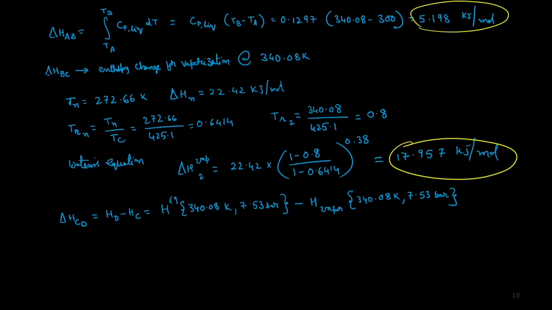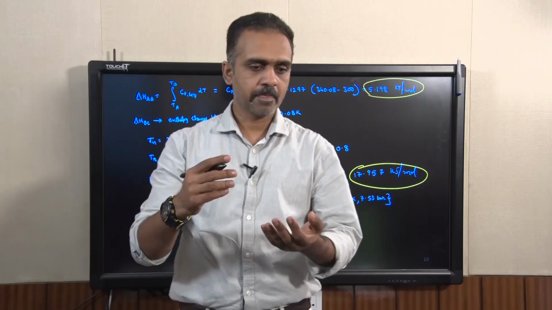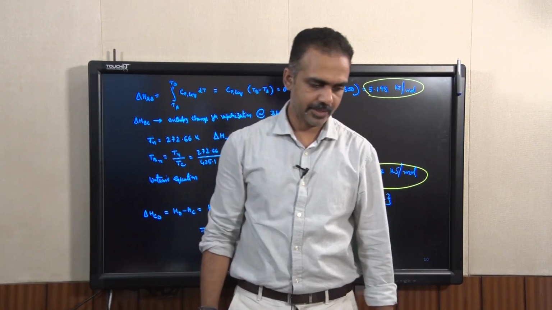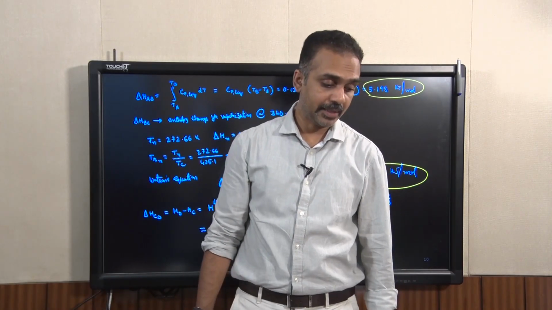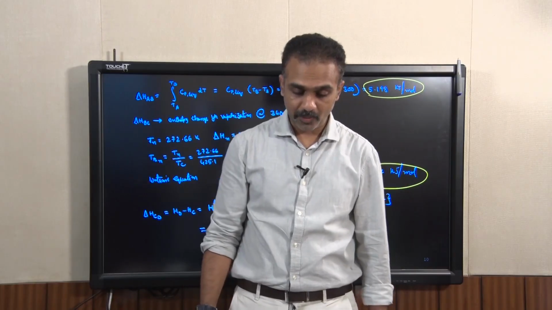So this is going to be the negative of the residual enthalpy, HR, at the conditions we are looking at, in this case 340.08 Kelvin and 7.53 bar. How do we calculate the residual enthalpy? One of the ways to do it is to use Lee-Kessler tables. We could use Lee-Kessler tables and calculate the residual enthalpy at these conditions, right?